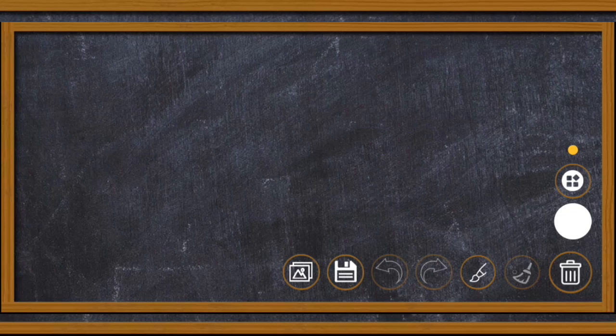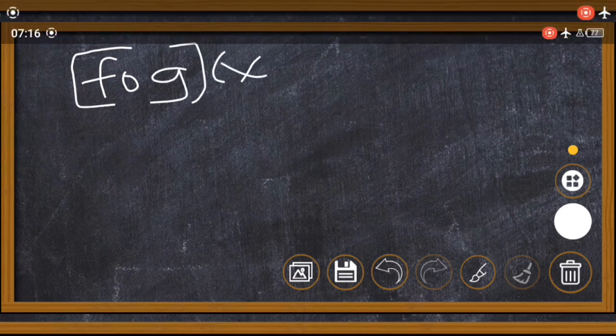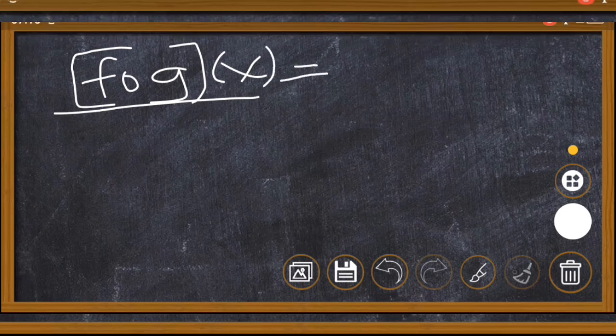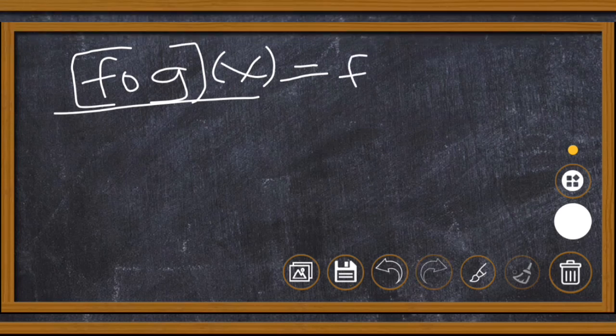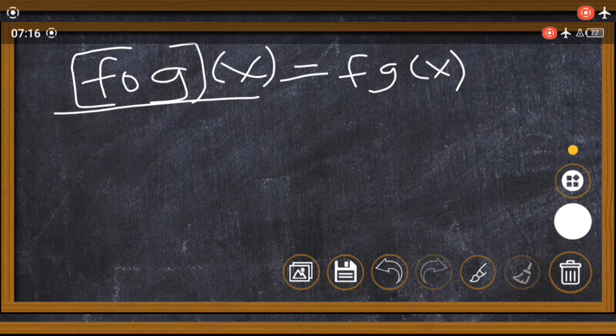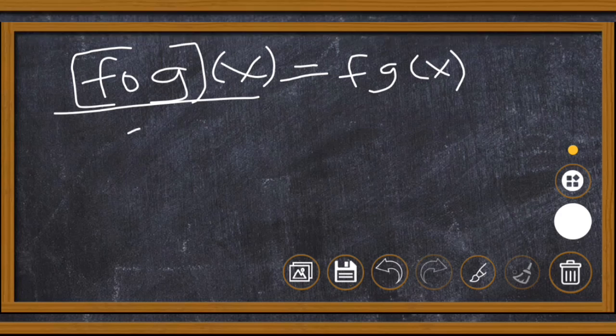This can be written as, let's say you may find something like f of g of x here. When you have something like this, it is a composite function. You can also have something like g of f of x, which is also a composite function.